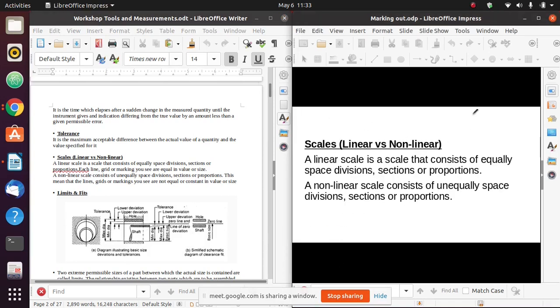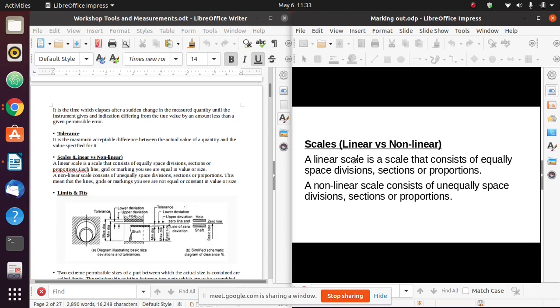Now, scales. Scales can be linear or non-linear. When I talk about a linear scale, this is a scale whose divisions or markings are equally spaced, meaning that the value of those divisions is equal in size. A very good example is the ruler that we use in class, the 30 centimeter or the 15 centimeter ruler.